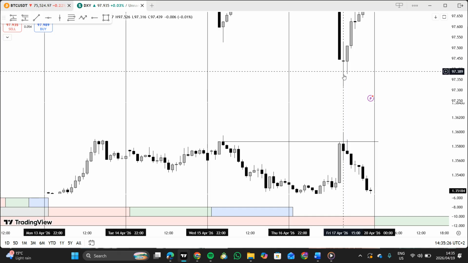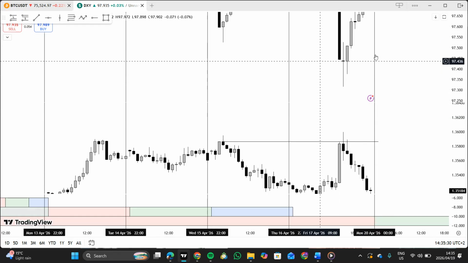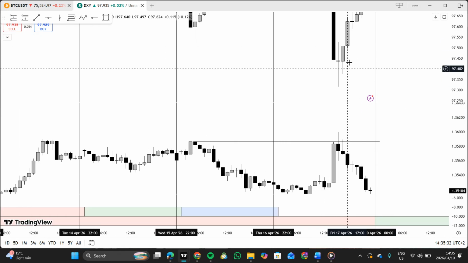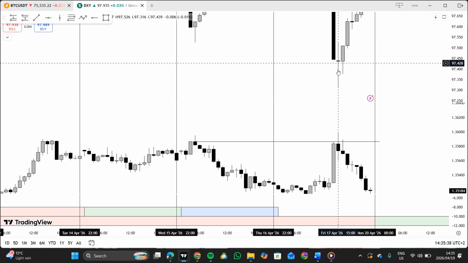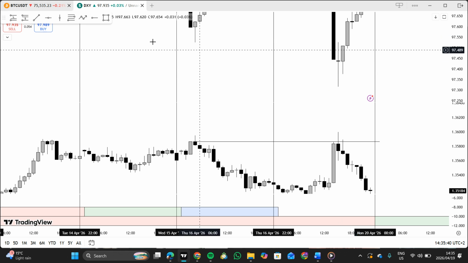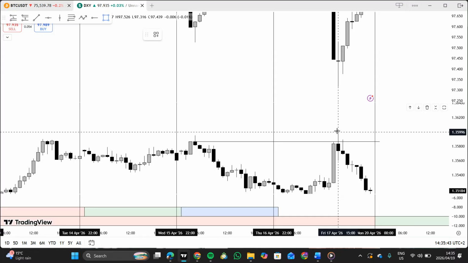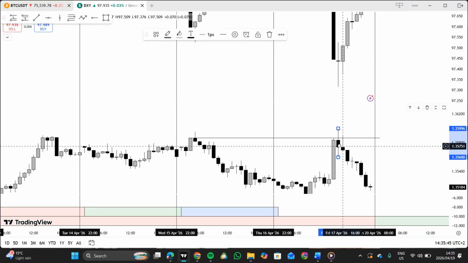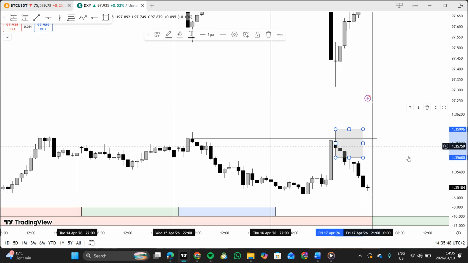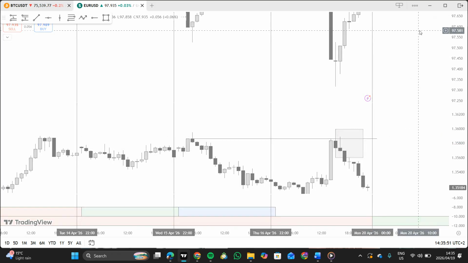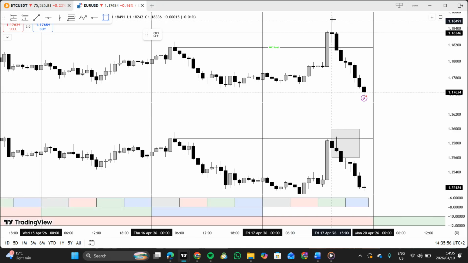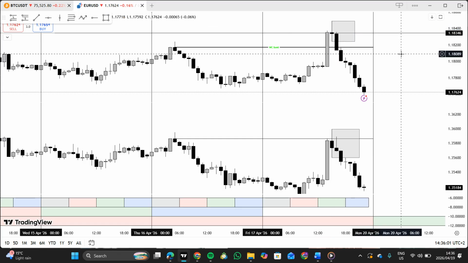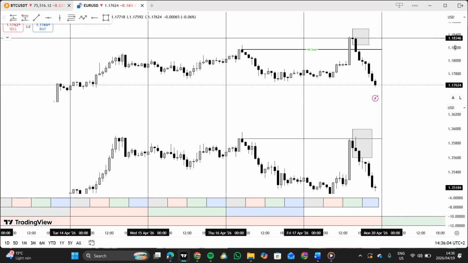This was a precision swing point, because on the DXY we expect this candle to be a bullish candle, but it was a down close candle, so this became a precision swing point. I can go back to EURUSD. This was this precision swing point right over here. This was an extra confluence.